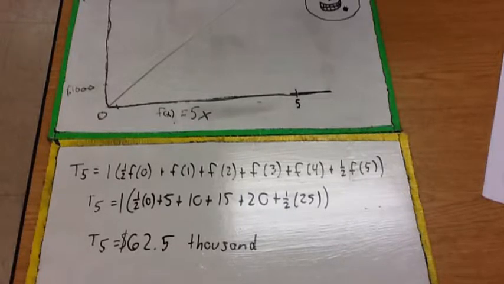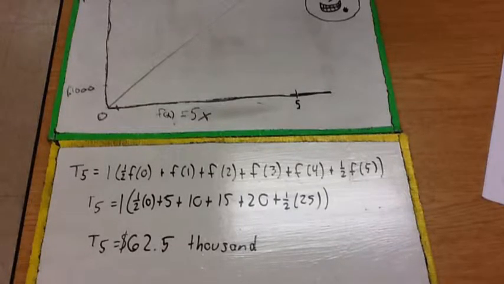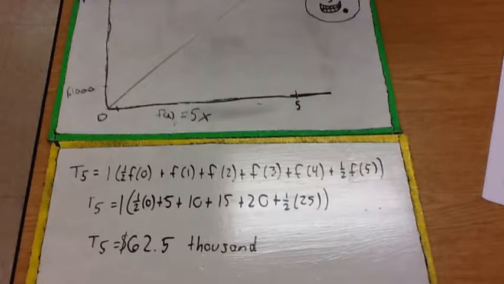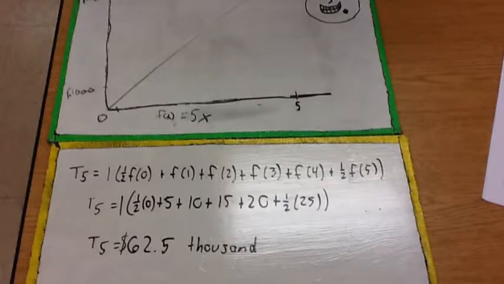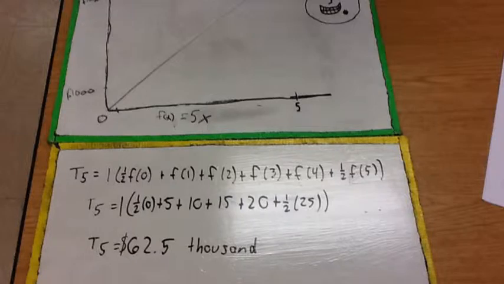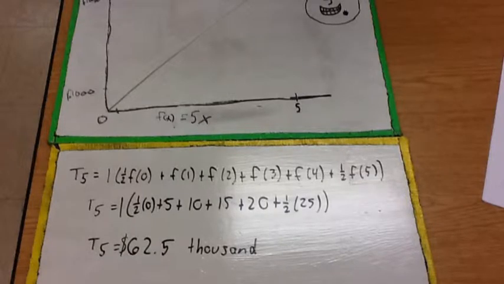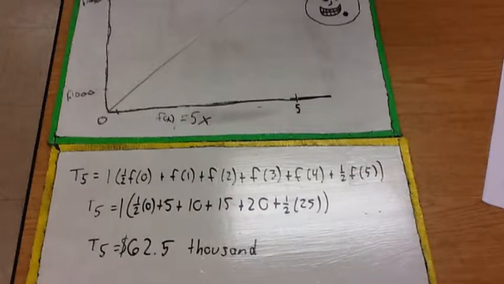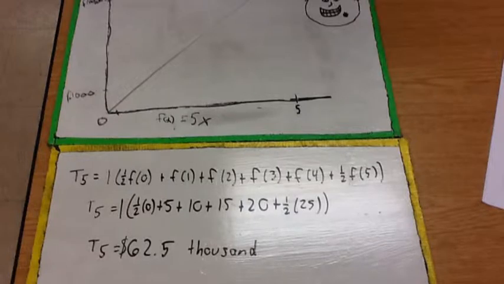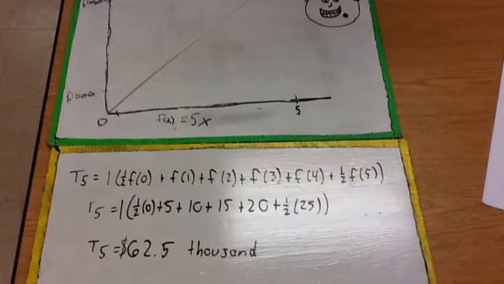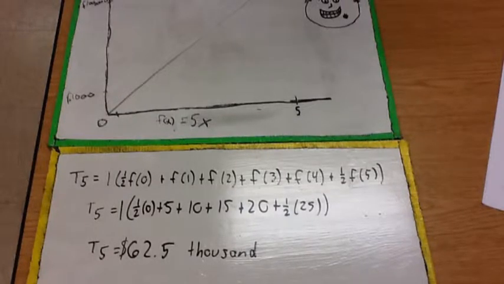So, for our equation, you plug in 0, 1, 2, 3, 4, and 5 into the equation. When you do that, you get 0, 5, 10, 15, 20, and 25 out of it. And when you add those all together, multiply by your 1/2s and 1, you get $62.5 thousand, which shows how much money we made in our first 5 years as a business.